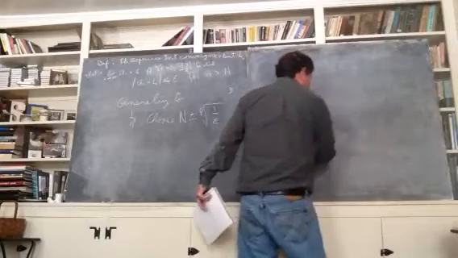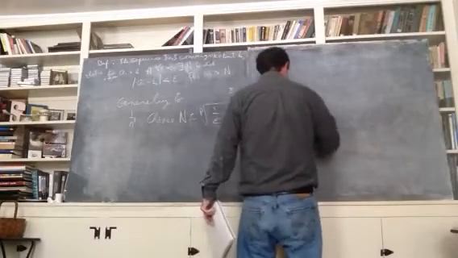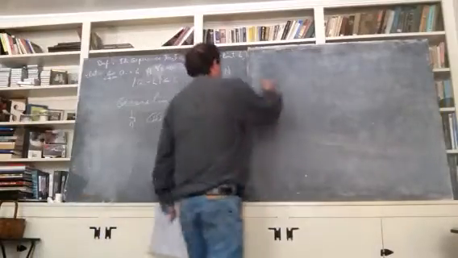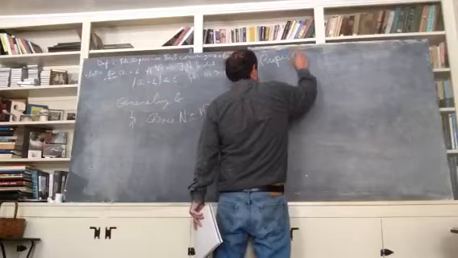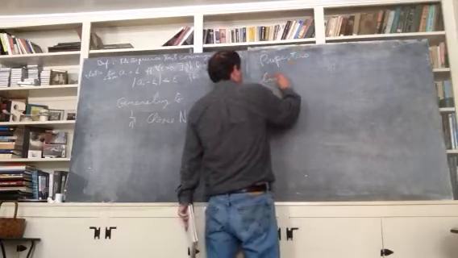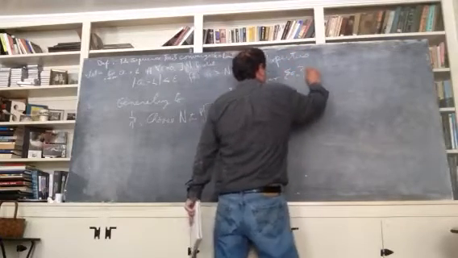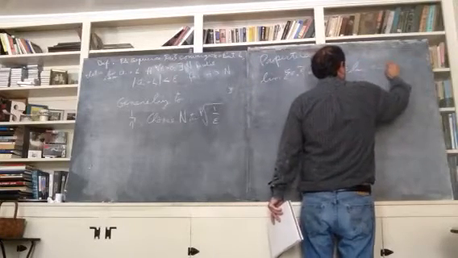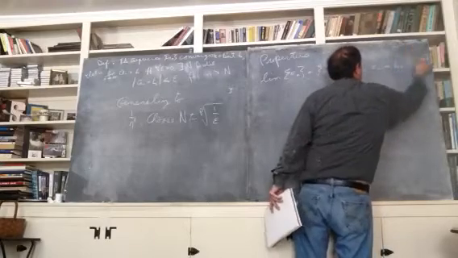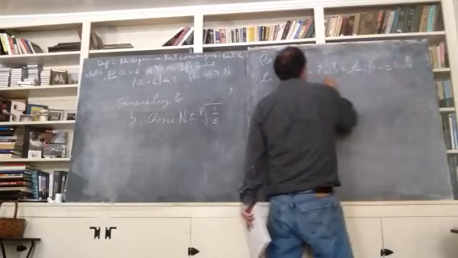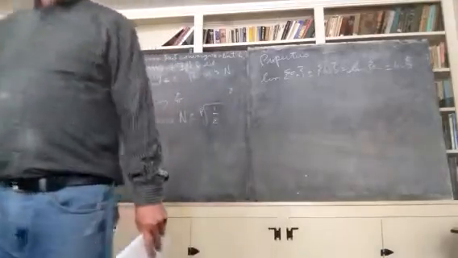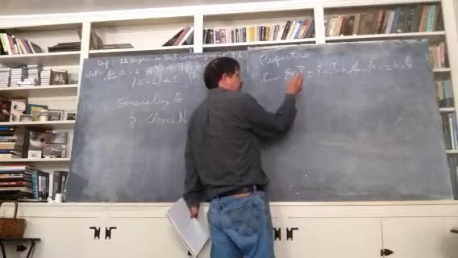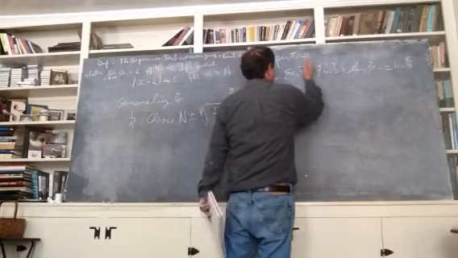These are pretty simple, because they're the same as the properties of limits. The limit of a sequence a sub n plus b sub n is the limit of a sub n plus the limit of b sub n. You can add and subtract them, and the limits are the same.